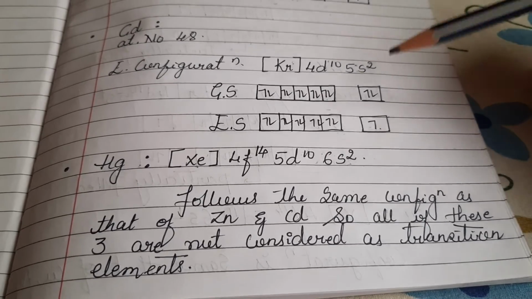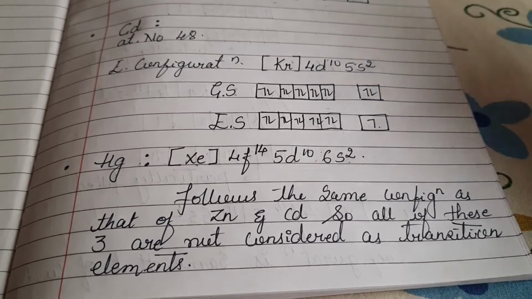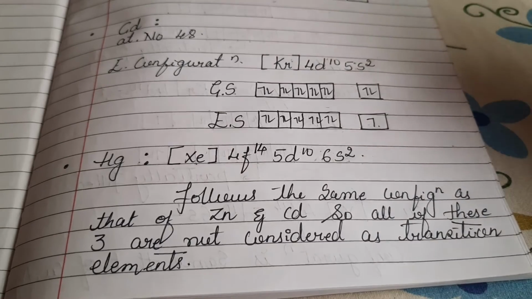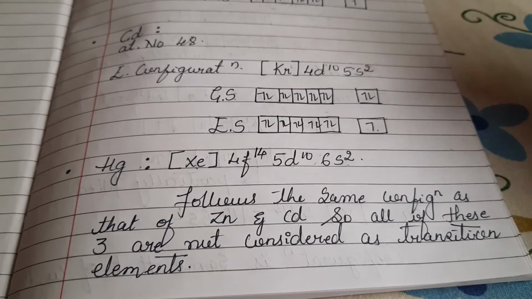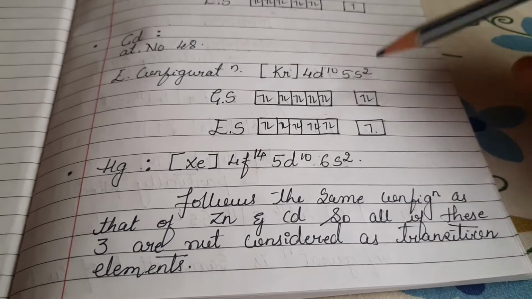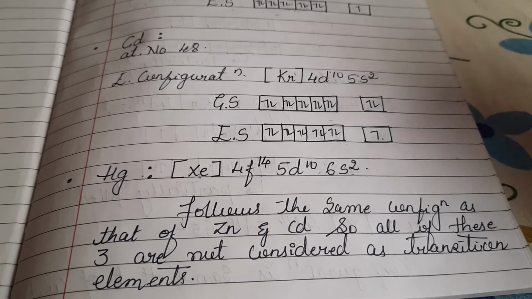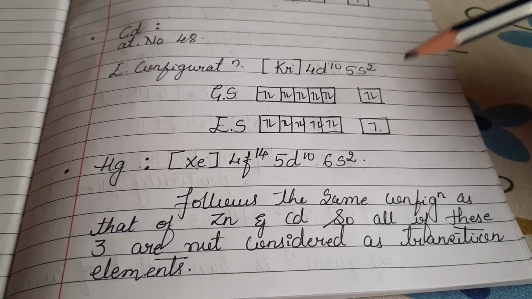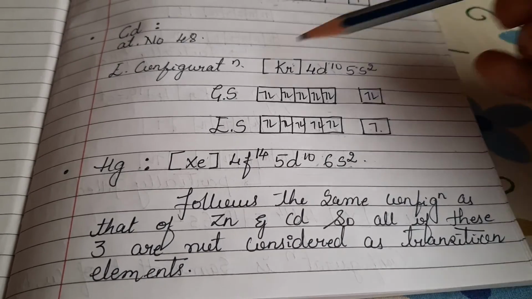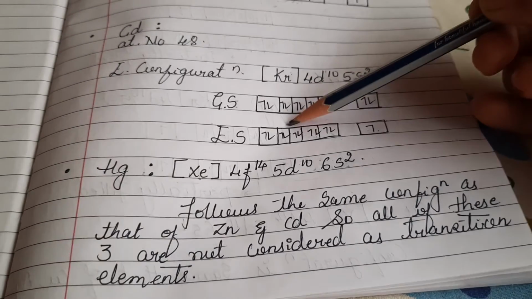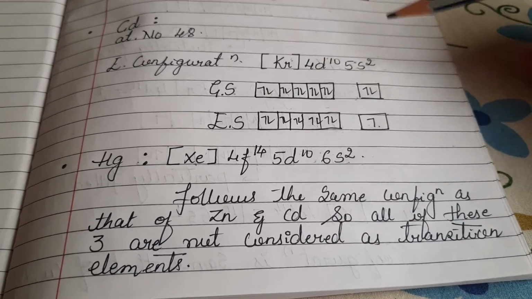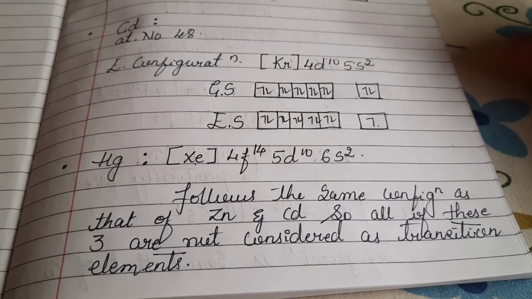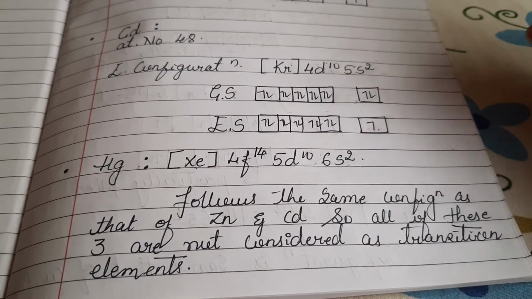Then only can we call them transition elements. But why are zinc, cadmium and Hg kept in the periodic table among the d block elements? Because they are considered non-transition elements due to their completely filled orbitals, but they show properties entirely similar to those of the d block elements.